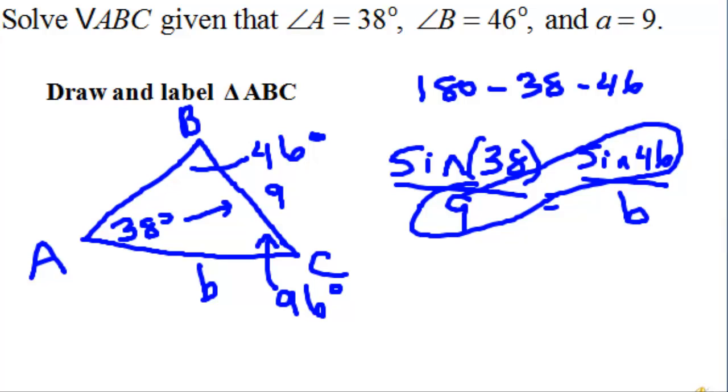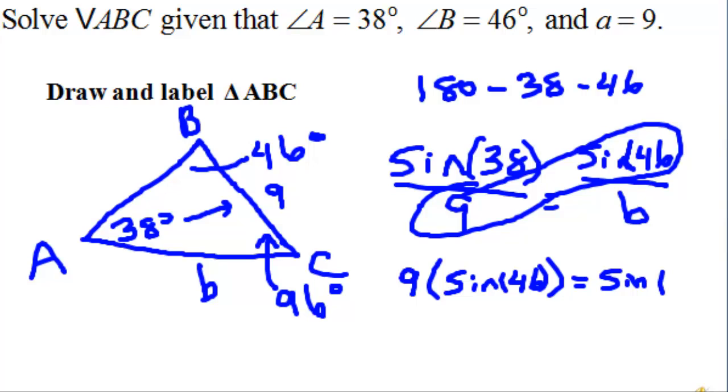When you're doing these, we want to leave the numbers in your calculator as much as possible instead of rounding, because as soon as you round, we'll start getting rounding errors. So multiplying here, we'll have 9 times sine of 46 is equal to sine of 38 times b.